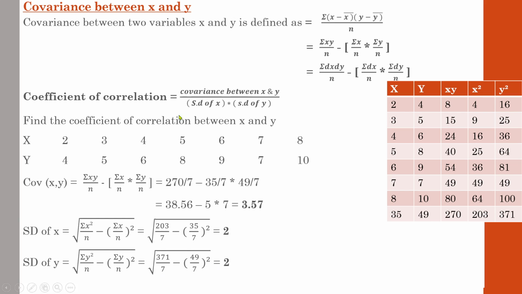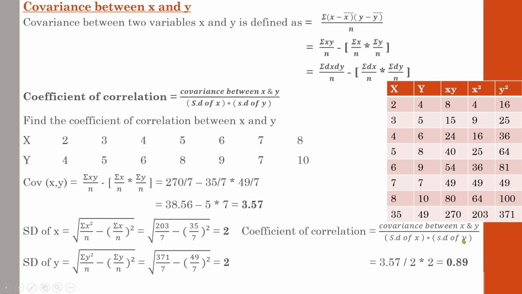So you have found the numerator value 3.57 and the denominator values 2 and 2. Just substitute directly in the equation. Coefficient of correlation equals covariance between x and y divided by standard deviation of x into standard deviation of y. 3.57 divided by 2 into 2 gives 0.89.